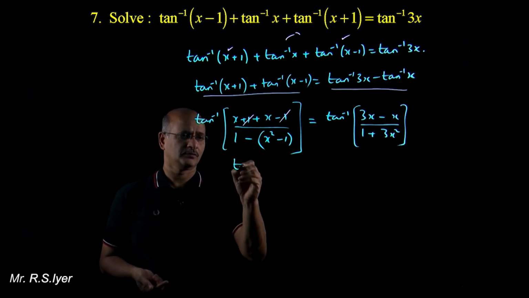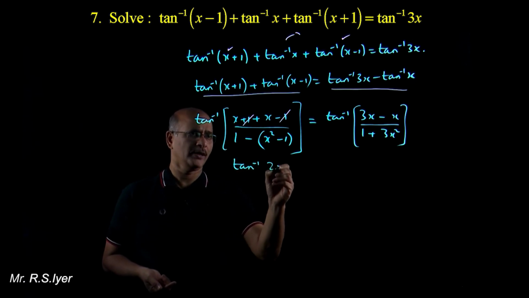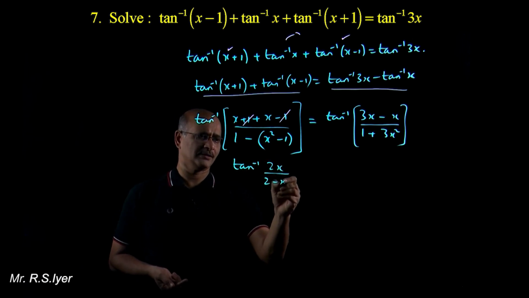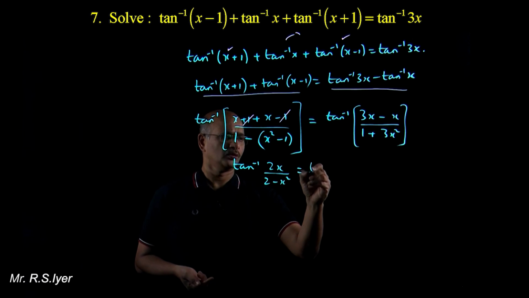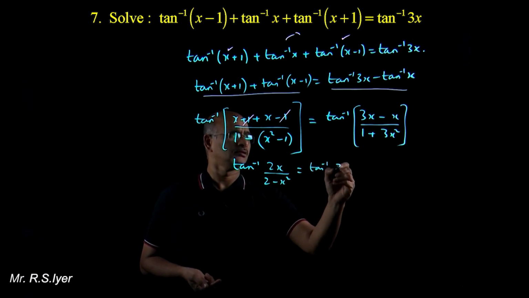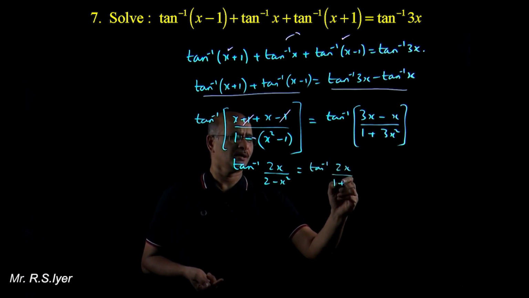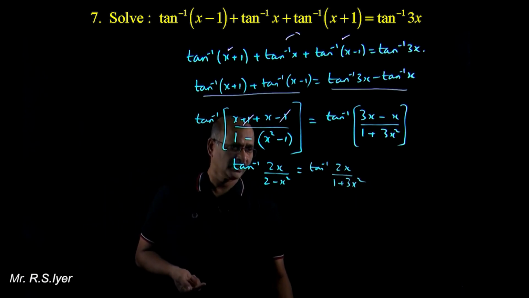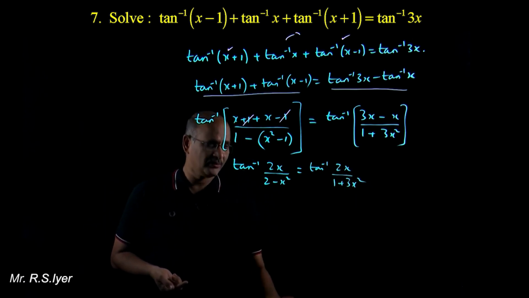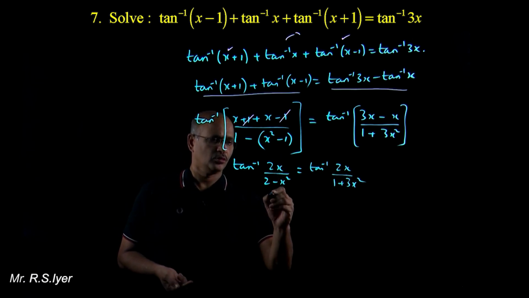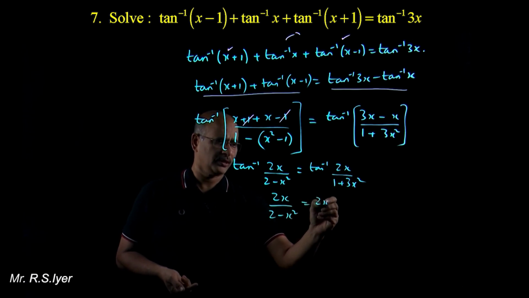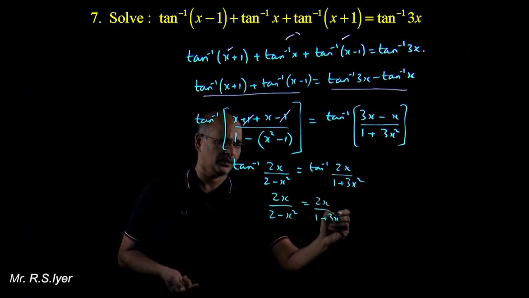Tan inverse 2x upon 2 minus x square is equal to tan inverse 2x upon 1 plus 3x square. So equating the inside part, you can eliminate this tan inverse. So 2x upon 2 minus x square is equal to 2x upon 1 plus 3x square.